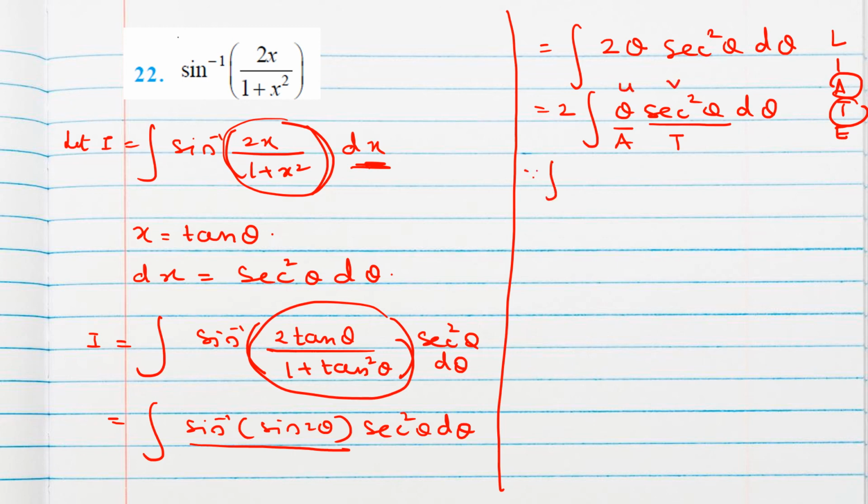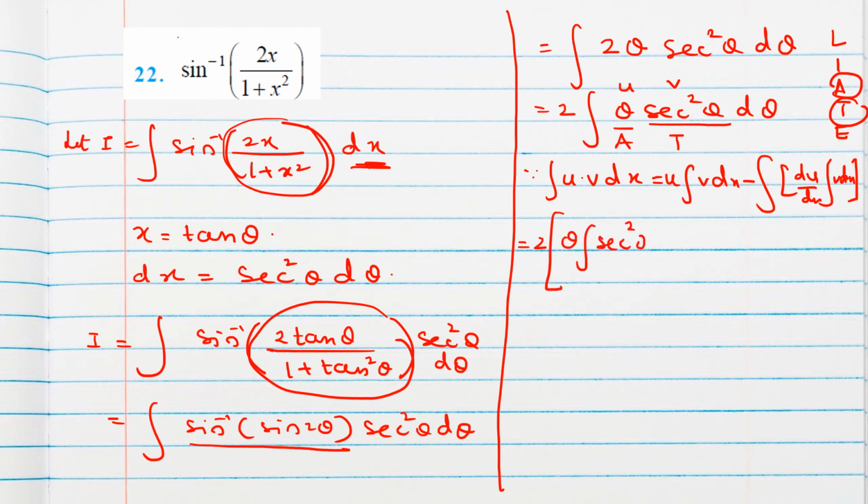Since we know the integration of u v dx is u times the integral of v dx minus the integral of du by dx times the integral of v dx. So 2 will be outside. Theta times the integral of sec square theta d theta, minus the integral of the derivative of theta times the integral of sec square theta d theta, then the whole integration. 2 is outside.